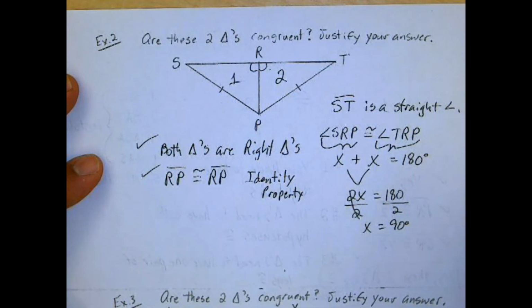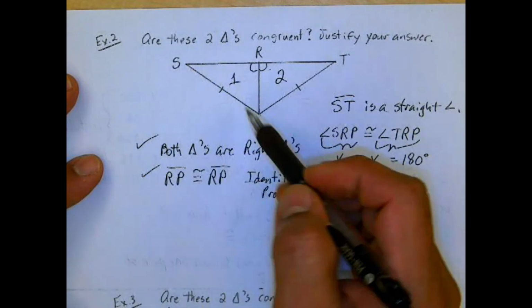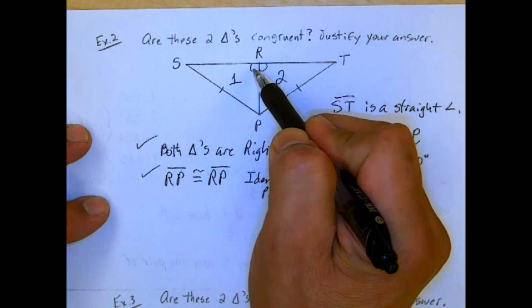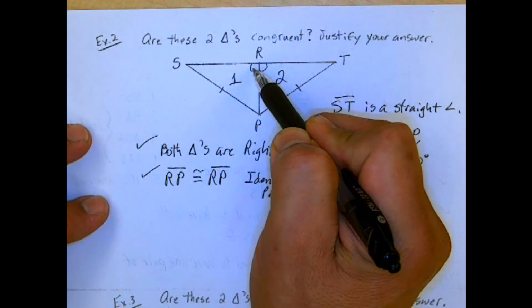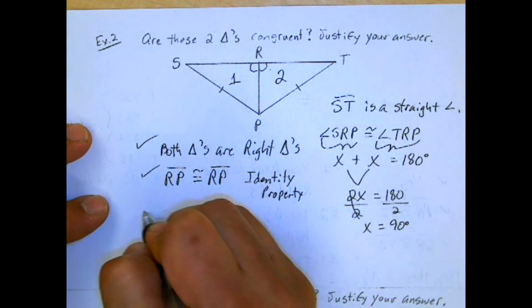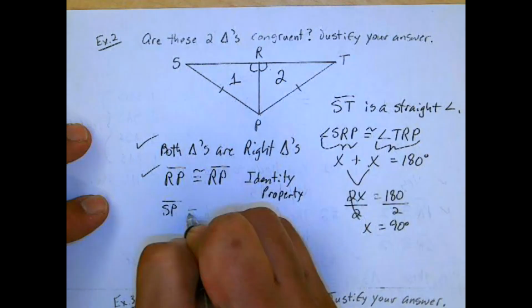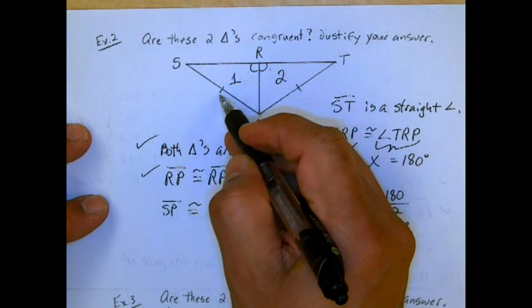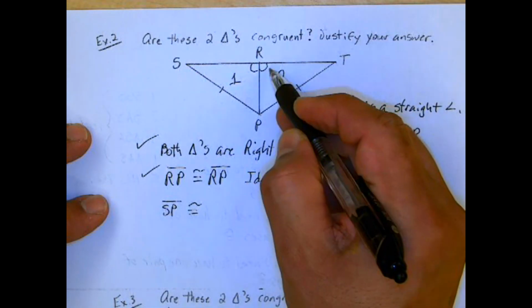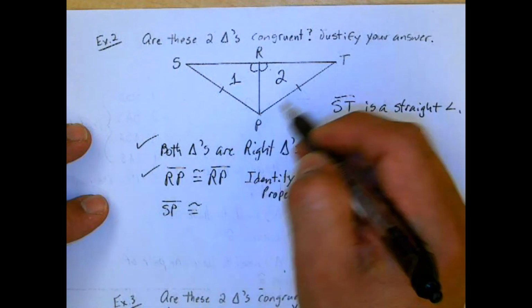The last piece of information, and I really should have put it second, is the fact that we know the hypotenuses are also congruent to each other. Since this is a 90-degree angle, this 90-degree angle will face the hypotenuse, which is SP. So SP is congruent to, notice the single tick mark, this single tick mark is also being faced by this 90-degree angle, which is PT.